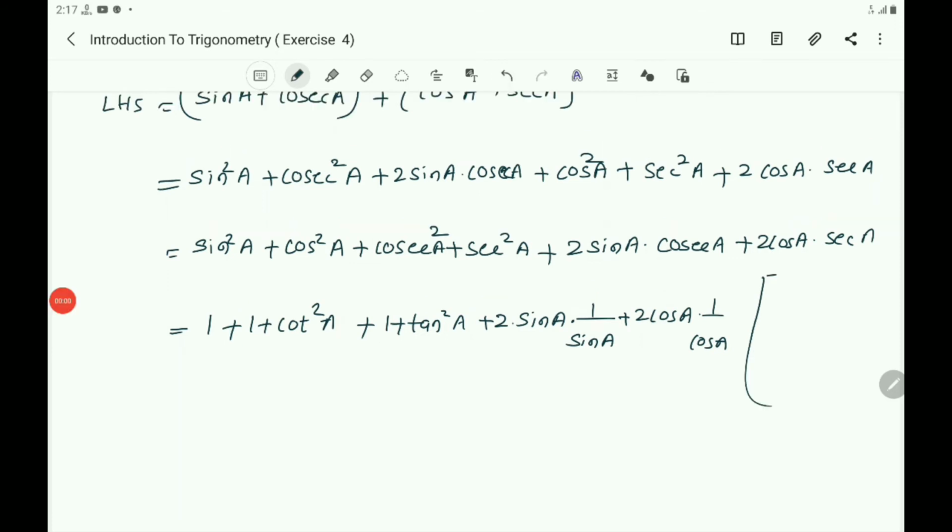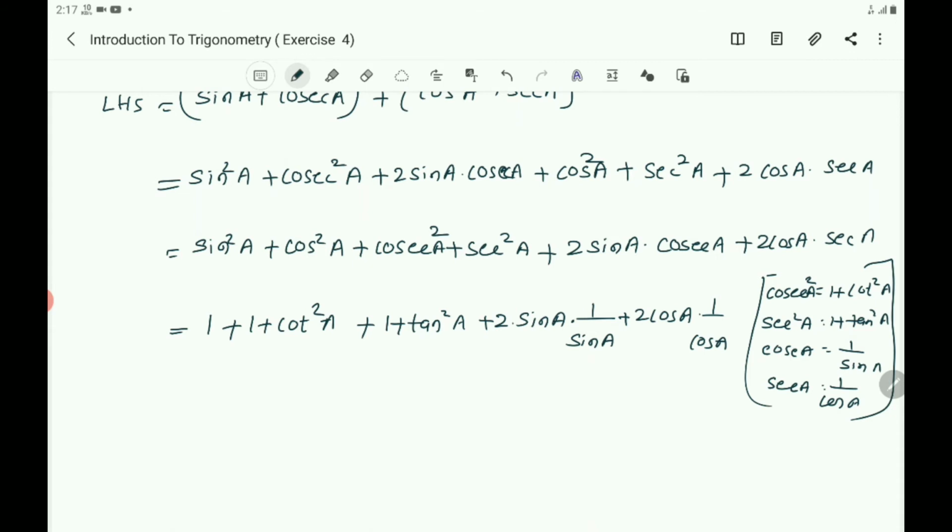How you got it? Here you write cosec square A equals 1 plus cot square A, and secant square A equals 1 plus tan square A, and cosec A equals 1 by sin A, and secant A equals 1 by cos A. This much is used in this step.